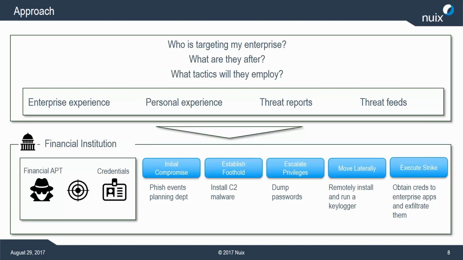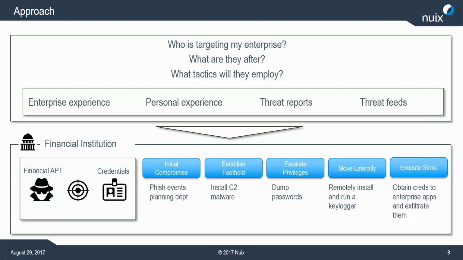And we could assume that this new class of what some folks have called financial APTs, whose tactics more closely resemble state actor tactics, even though they're going after data that will be monetized and used for monetary gain, are going to target enterprise application credentials, for example, in a financial institution. And so from that, I can unpack that into some expected activities that I might see at each stage of the kill chain.